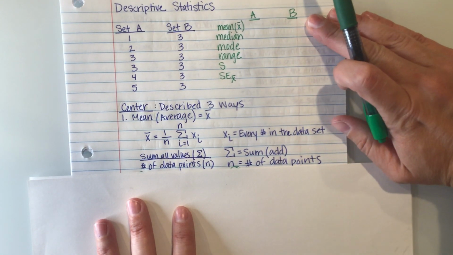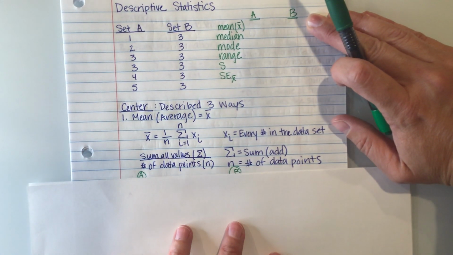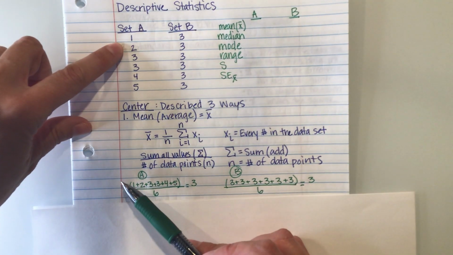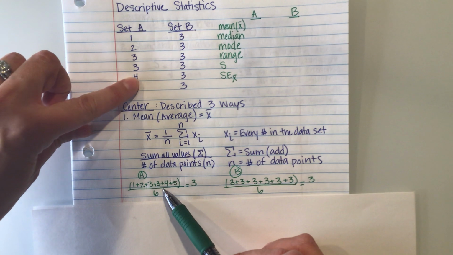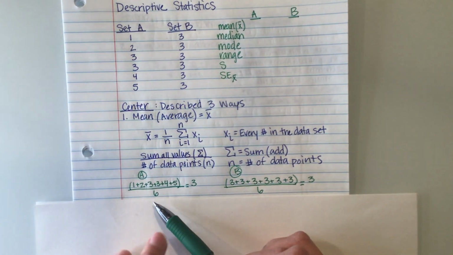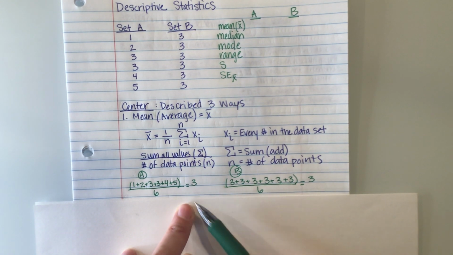So let's go ahead and quickly do that for data set A and data set B. Well, data set A, that's going to be 1 plus 2 plus 3 plus 3 plus 4 plus 5 divided by 6. That'll give me an average, or mean, or X bar of 3.